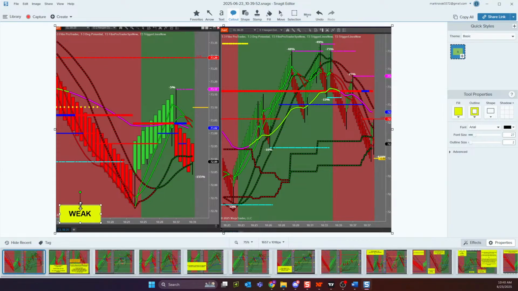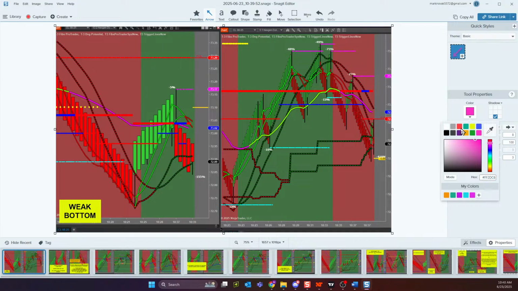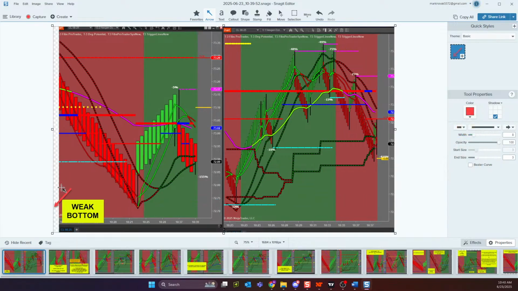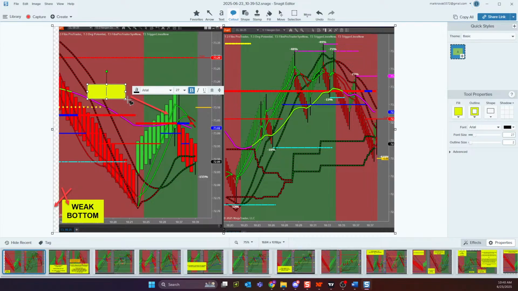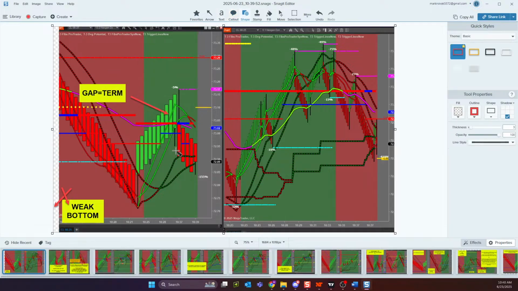So I know that if I'm looking for one of those potential breaks, I've already got, where's red? I've already got one strike against me. And then here I have the gap theory, which means that all of this is terminations and the market is likely to close the gap back to the large triggers.